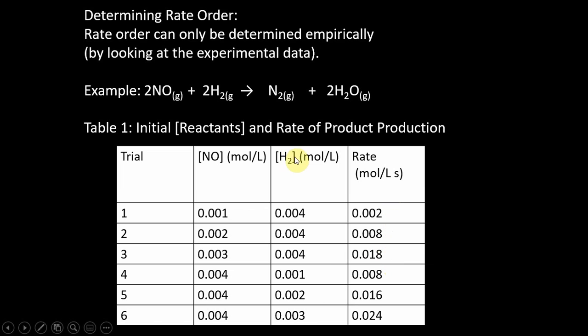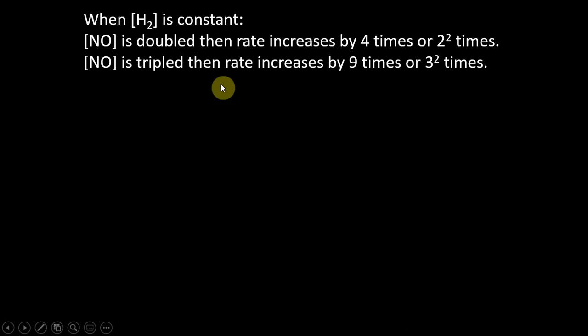If I look at how hydrogen changes, if I double the concentration of hydrogen, I simply double the rate. If I triple the concentration of hydrogen, I triple the rate. And so that's a first order type of reaction. All right, so that means I can determine my rate order based on these exponents now.